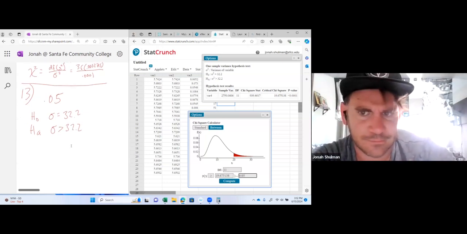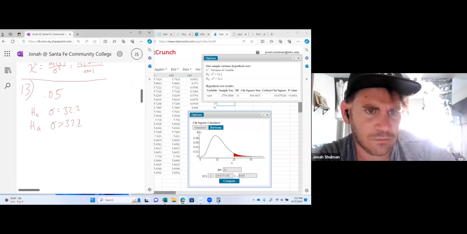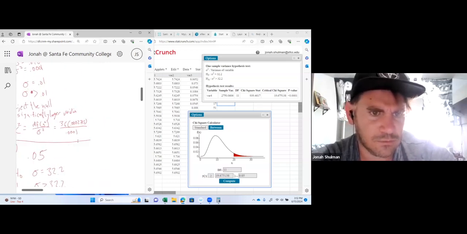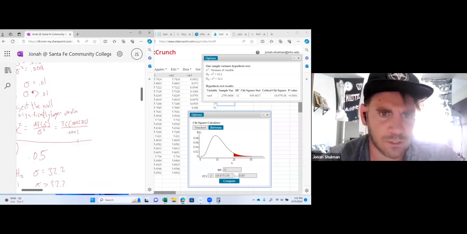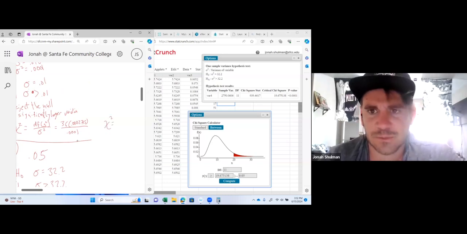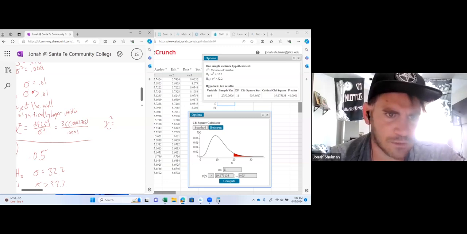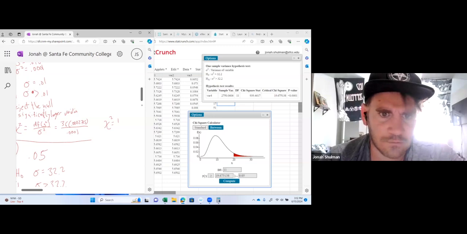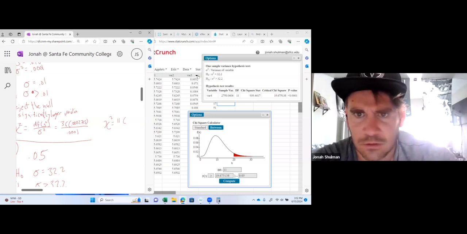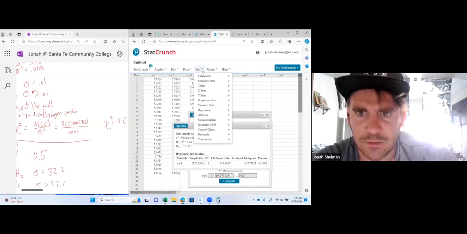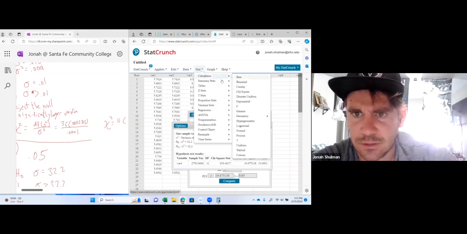Well, might as well just do it. So we know what's going to be what. I think it's because it's using this and the other way, and that I think that's still the same error that keeps coming up for the critical value, but let's do it the right way. So 11, all I need is this one, the variance. So calculator.